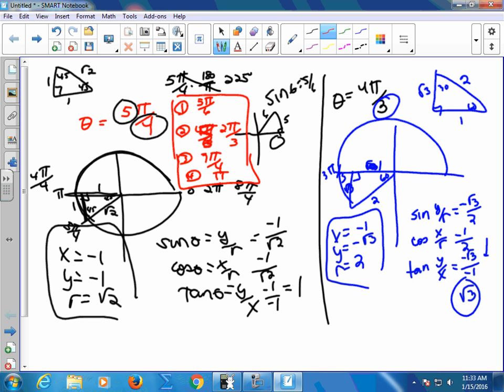Find me all those values. That's the three regular values. Sorry, 5 pi over 6 is hard to say. 5 pi over 6, 2 pi over 3, 7 pi over 4, pi. Okay? Find me those values.